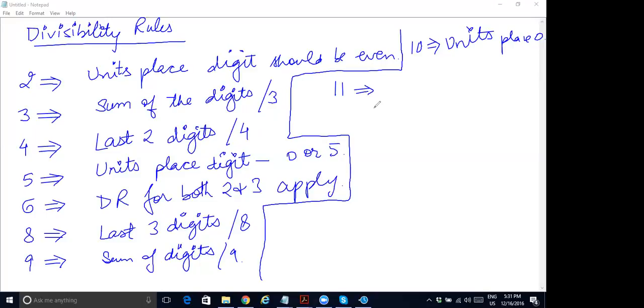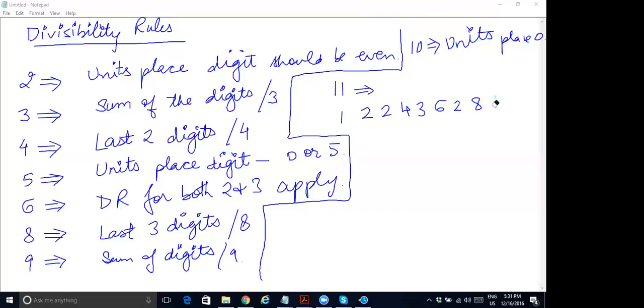What is 11? So for 11, let's say the number is 1, 2, 3, 2, 2, or 1, 3, 2, 1.